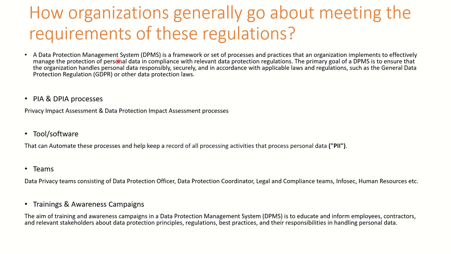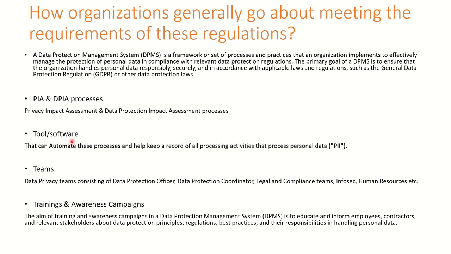So, as I already said, the primary goal of a data protection management system is to ensure that the organization handles personal data responsibly, securely, and in accordance with the applicable laws and regulations. So, how will it do this? It will have certain processes such as privacy impact assessment and data protection impact assessment in place at its core.